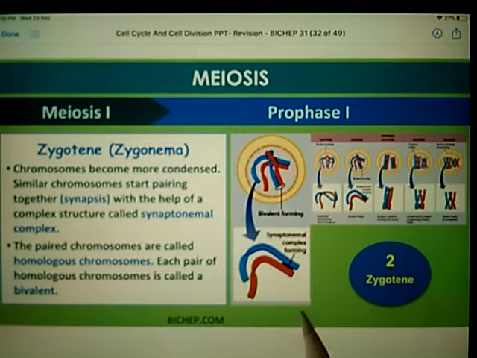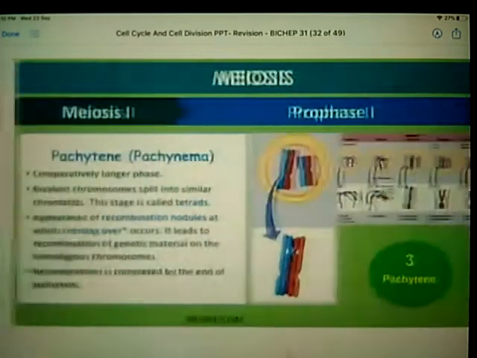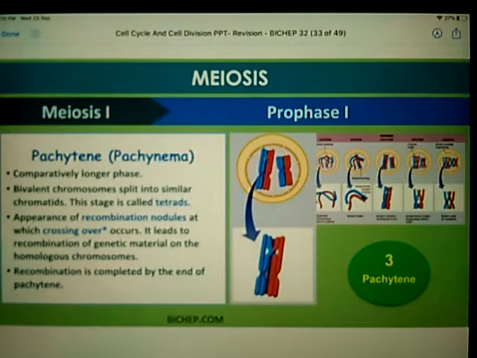Two bivalent chromosomes have come across and joined together. In pachytene of prophase 1, we have seen that recombination nodules are formed, which convert two different bivalent chromosomes into a tetrad. So it is complete pairing of two homologous chromosomes.